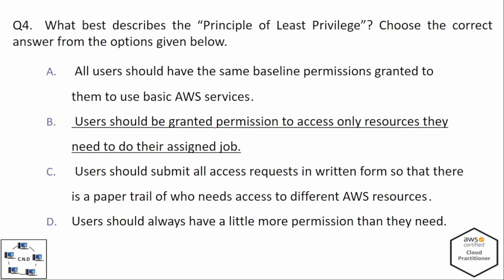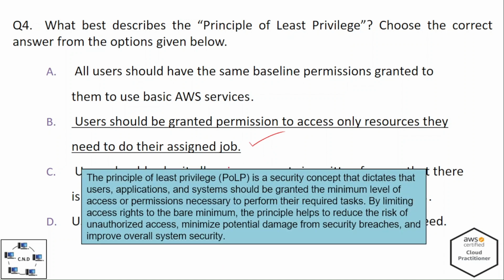And the correct option is already underlined. It is option B, that is, users should be granted permissions to access only resources they need to do their assigned job. And let me display the explanation of the principle of least privilege.